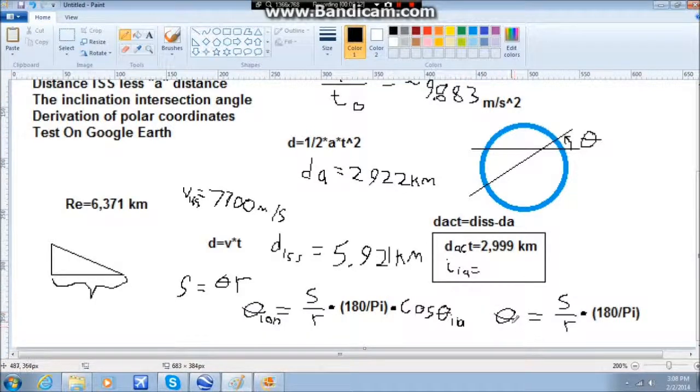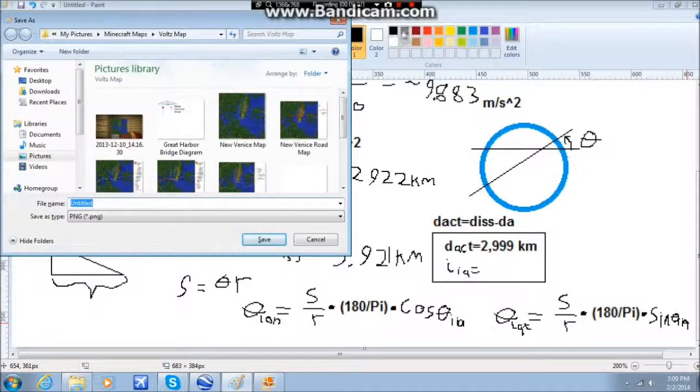But then we have to do a latitude version as well, because that's only one of the two dimensions that we need. And the complement to cosine is sine theta IIA, which is the inclination intersection angle. I caught that just in time.